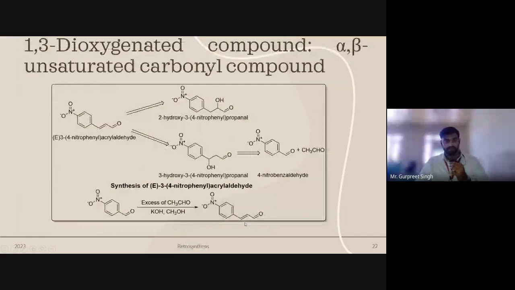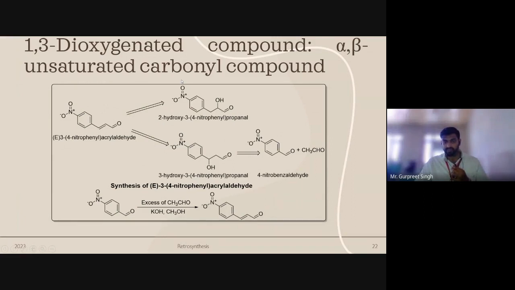Then we have an example of 1,3-dioxygenated compounds, alpha-beta unsaturated carbonyls. For this, I am using the example of 3-(4-nitrophenyl)acrylaldehyde. When we retrosynthesize it, we end up in two pathways: 2-hydroxy-3-(4-nitrophenyl)propanal or 3-hydroxy-3-(4-nitrophenyl)propanal. They are isomeric, differing only in the position of the hydroxyl.